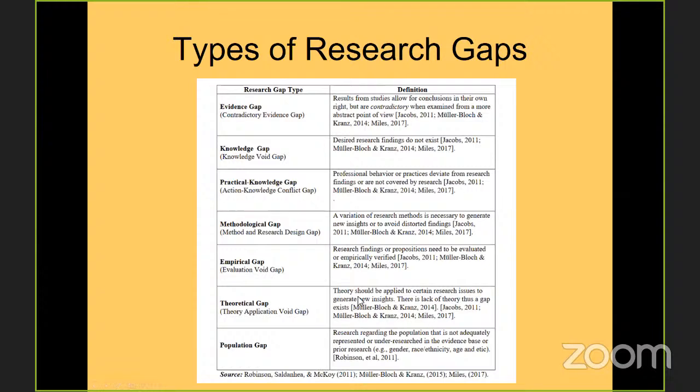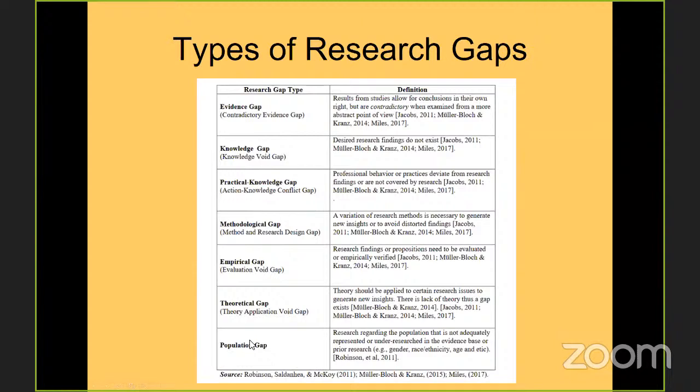Theoretical gap means that there's no theory that explains what the research is all about, and that's a whole story by itself. The population gap means even though there's research in some populations, we're not sure that it applies to the population that we want to know about, and so we decide to do research in that area. A lot of you tend to talk about the population gap.